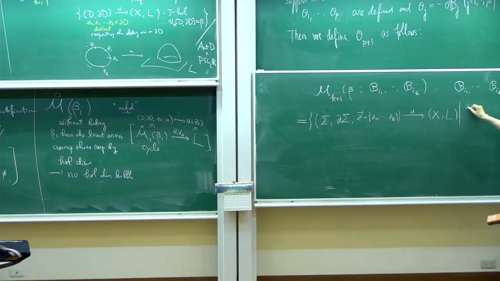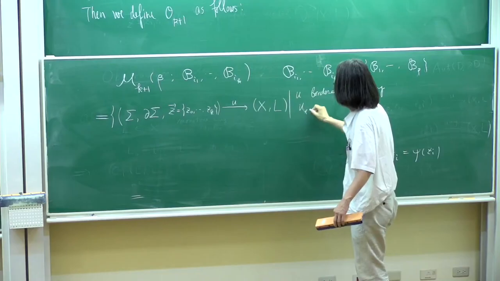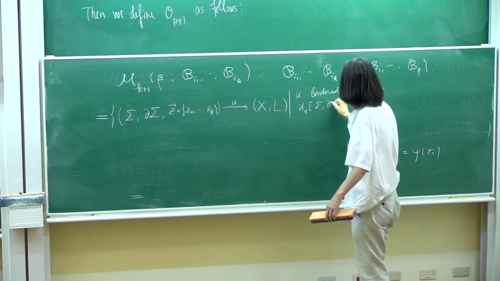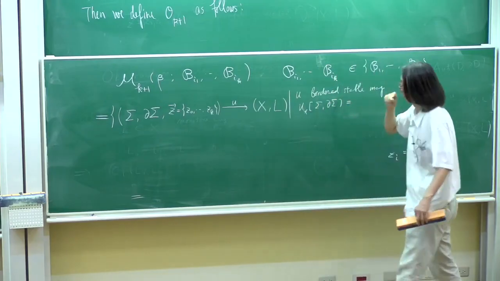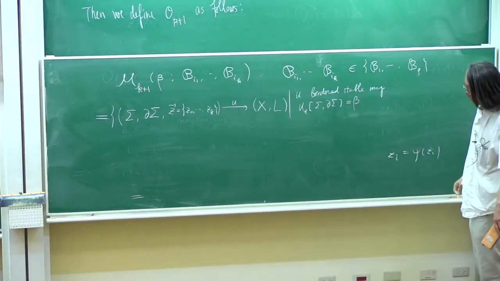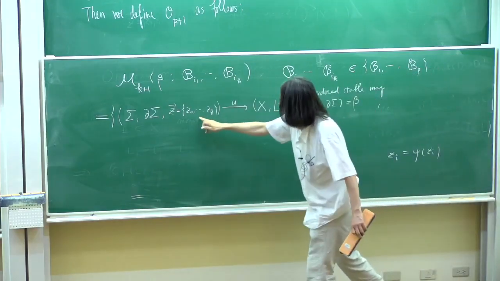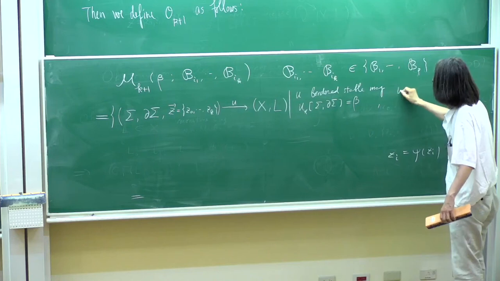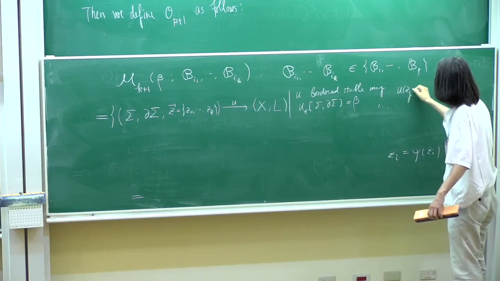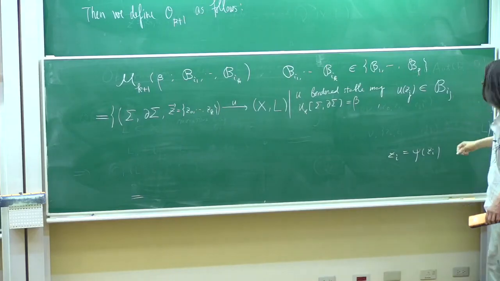So that this u is a bordered stable map. And still we can talk about the class represented by u being equal to the given beta, so that these marked points z_1 to z_k are mapped to one of them. So u(z_j) belongs to this B_{ij}.